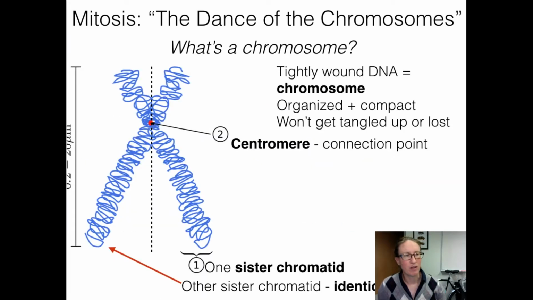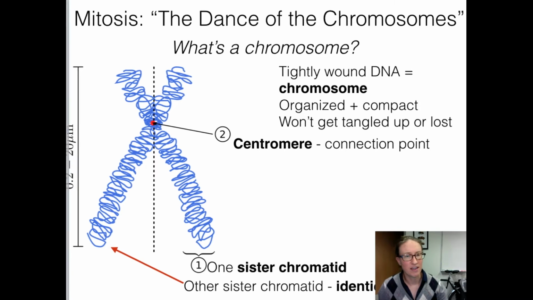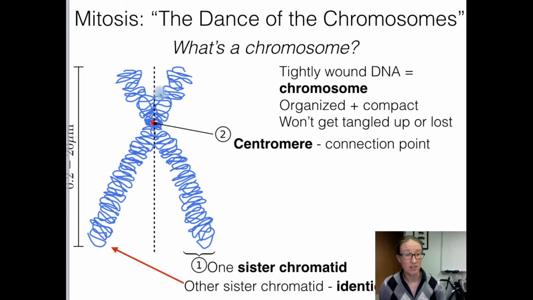So we need to talk a little bit more also about some of the anatomy of a chromosome. So this whole thing here is a chromosome, and we're going to talk a bit more about that in a moment. When it looks like this, this chromosome is composed of two pieces of DNA that are joined in the middle at a region that is referred to as the centromere, so a connection point. So we've got two pieces of DNA that are joined like this to each other.